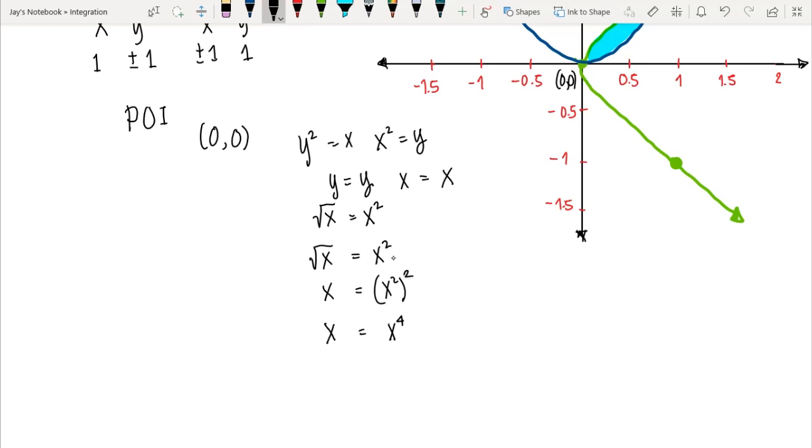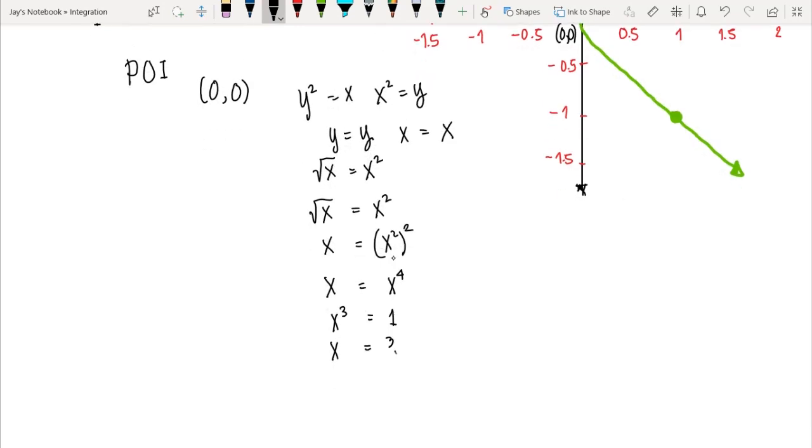Then we can cancel x. We have x cubed is equal to 1, so x is equal to the cube root of 1. This gives us x is equal to 1. That is the x coordinate of the point of intersection.